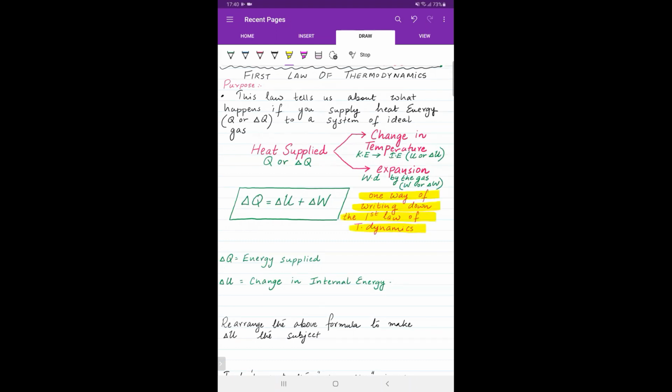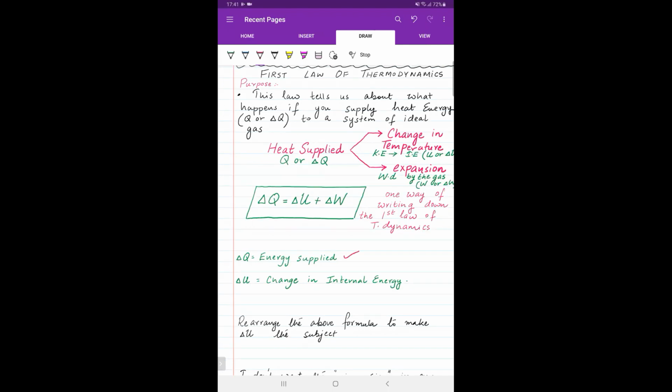Symbols की identification जरा याद रखिएगा, तो मैं nonetheless symbols की identification को लिख भी देता हूँ. So delta Q represents energy supplied. Delta U represents a change in internal energy. And delta W in this case represents work done by the gas.